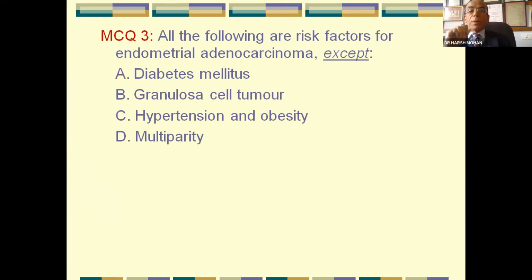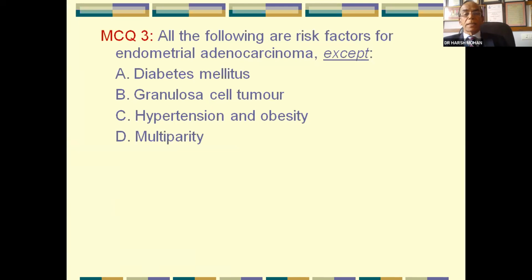Now, all the following are risk factors for endometrial adenocarcinoma except: diabetes mellitus, granulosa cell tumor, hypertension and obesity, and multiparity. Now, this is again an indirect question, but not a negative question. It is not that which of the following is not a risk factor.